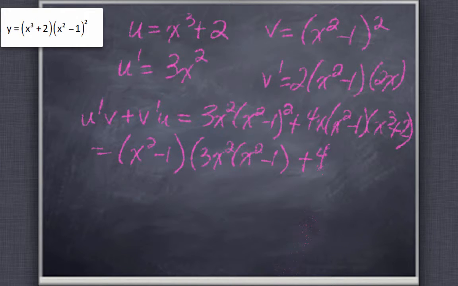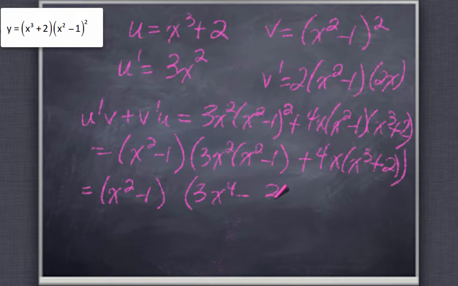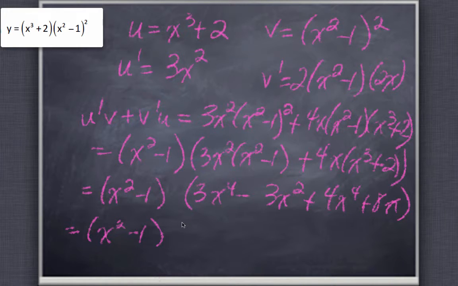And over here I'm left with 4x times x cubed plus 2. So 3x to the fourth minus 3x squared plus 4x to the fourth plus 8x. And you could factor this totally, and you could factor an x out of that if you wanted to.